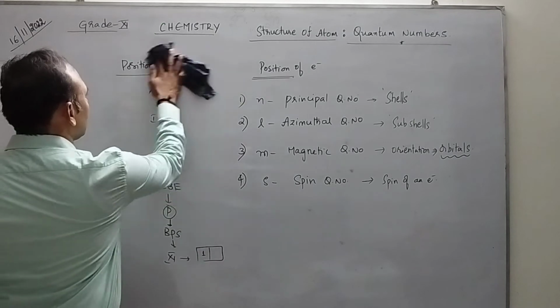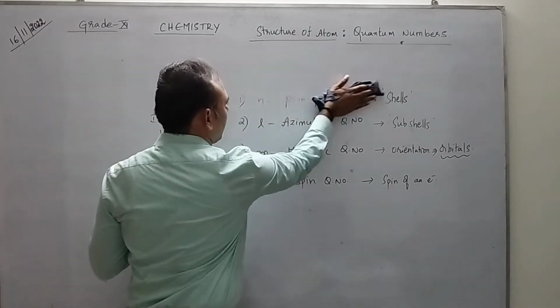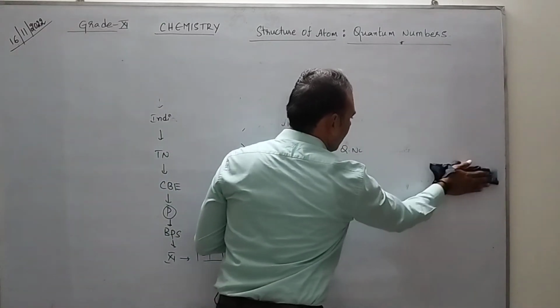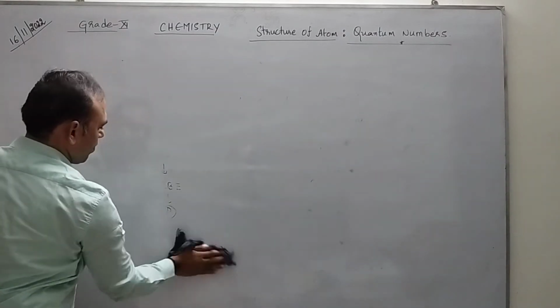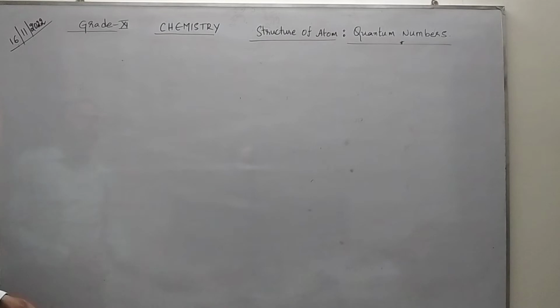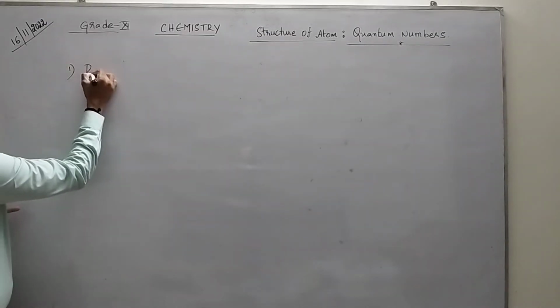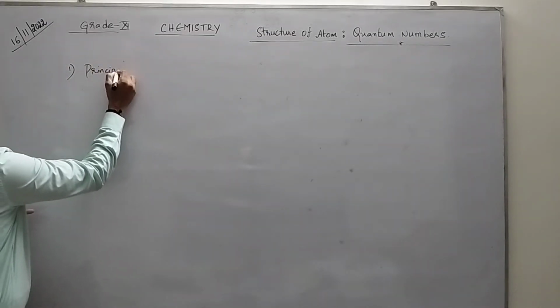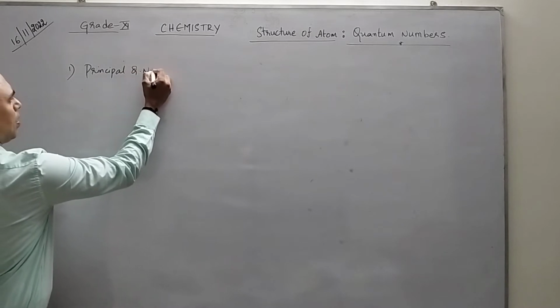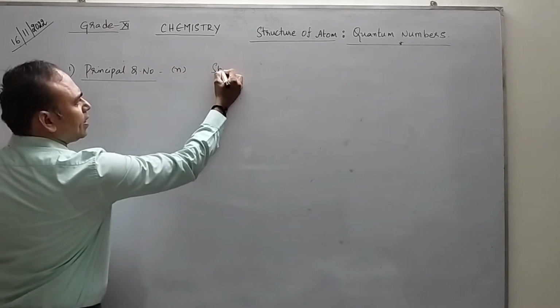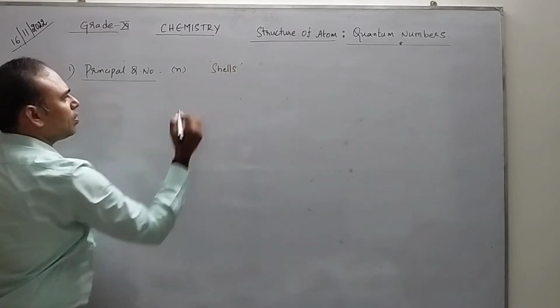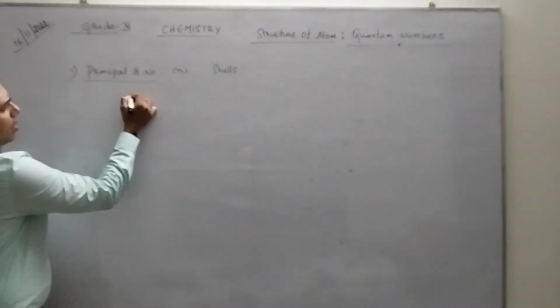First one, principal quantum number, represented by small n, and it will indicate about the shells. Now let us write natural number.